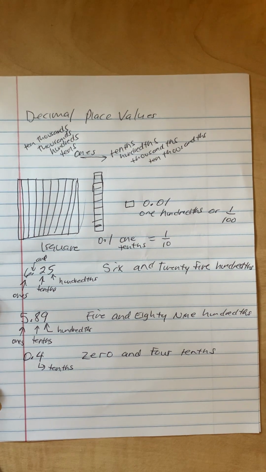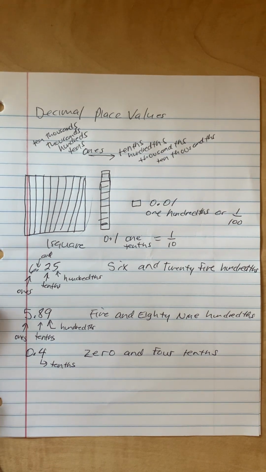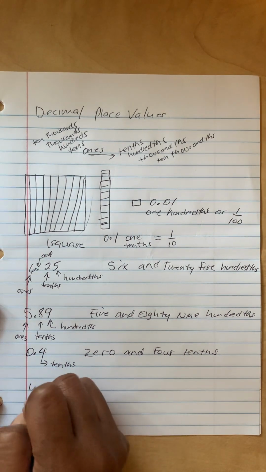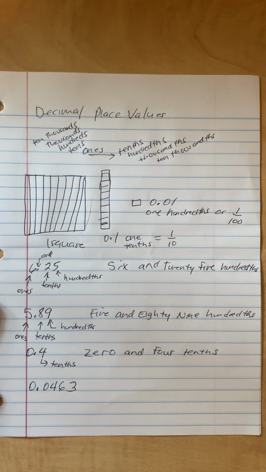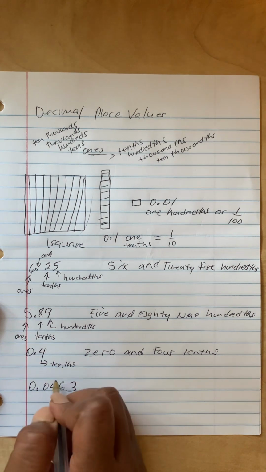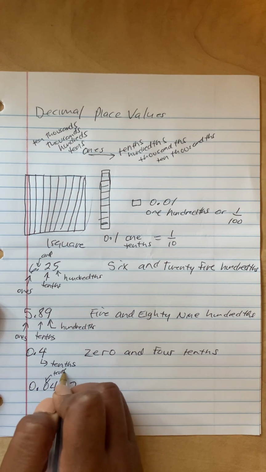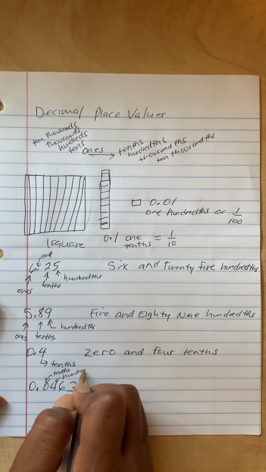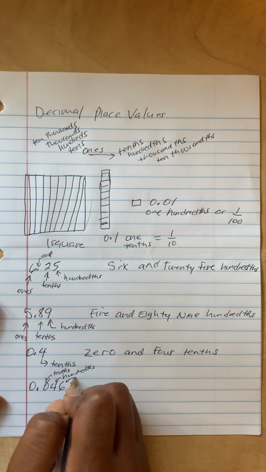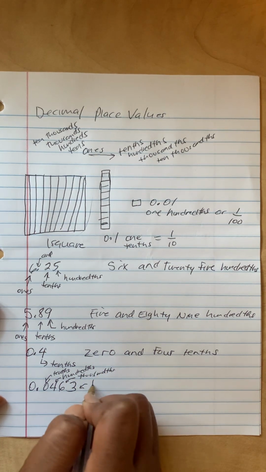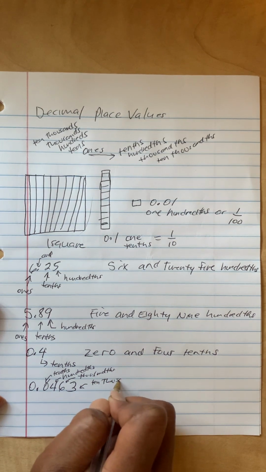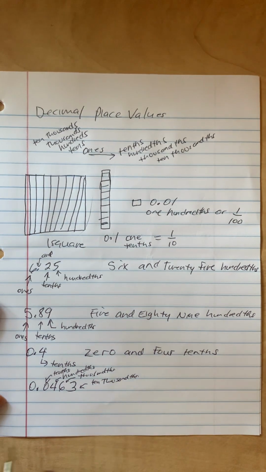Let's try one more. Let's say you have a larger number. Okay, and it's the same step. So you'll see this value here is tenths. Okay, you see it? Hundredths. Okay, thousandths. And then the 3 is ten-thousandths.